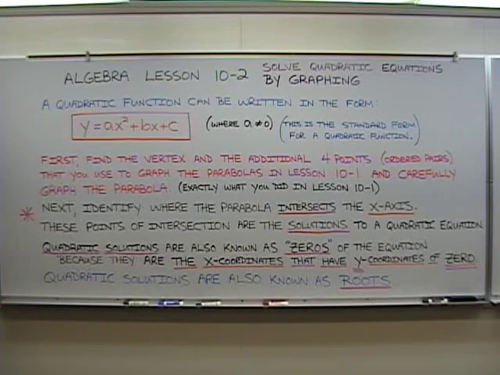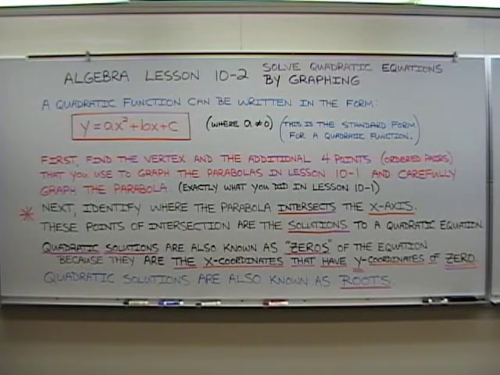Those points of intersection where our parabola hits the x-axis are the solutions to the quadratic function. They're called zeros because, if you recall, every single point that's sitting on the x-axis has a y-coordinate of 0. So quadratic solutions can also be known as zeros.